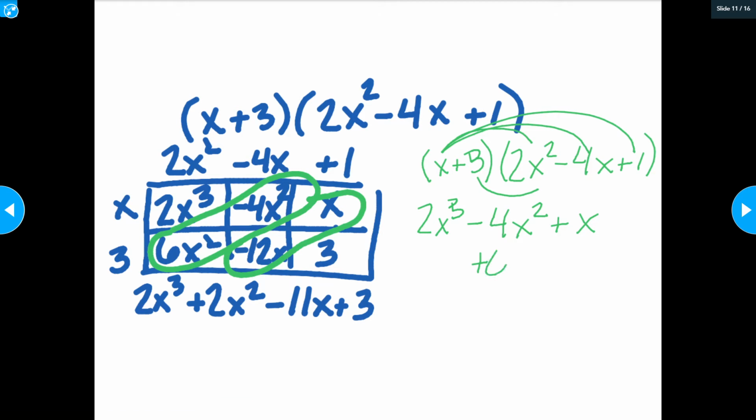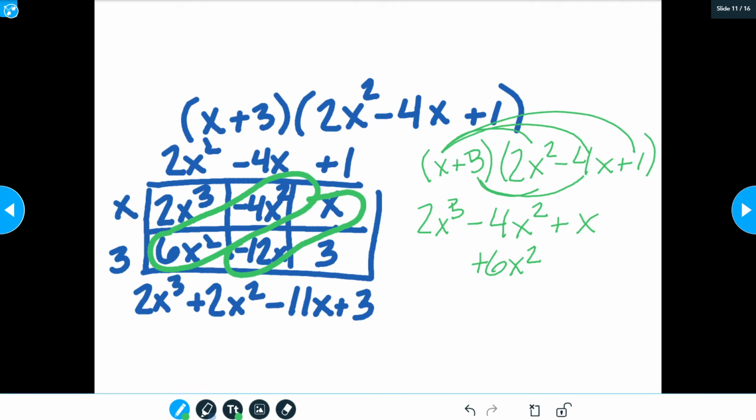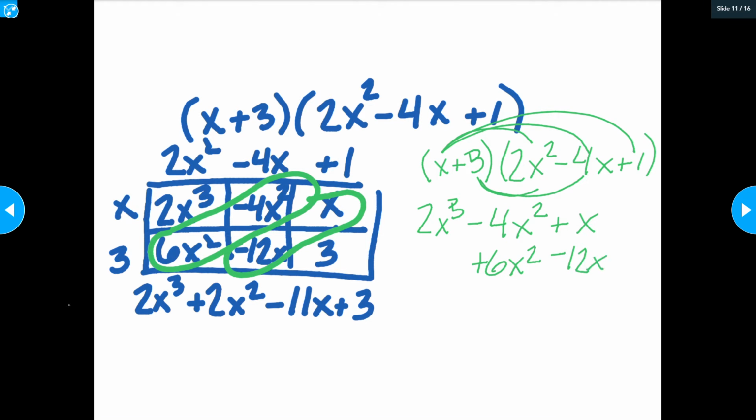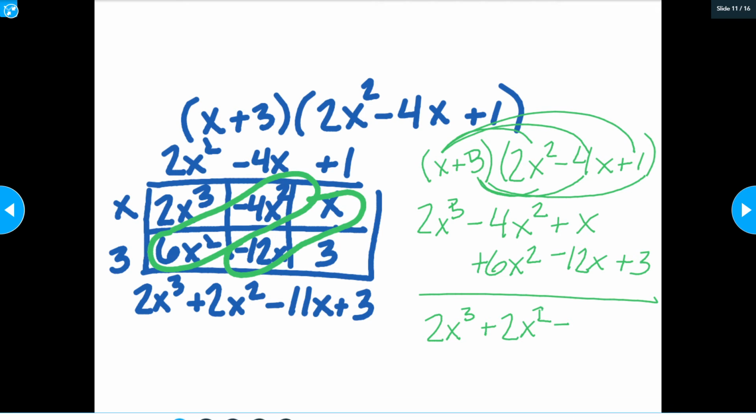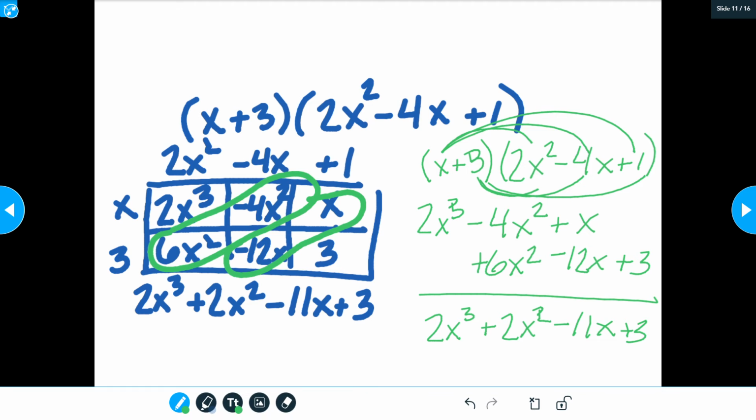I'm just going to put that right underneath my x squared. 3 times negative 4 is negative 12x. And 3 times 1 is 3. And now all I'm going to do is combine my like terms. And here we have the same answer, and it doesn't matter which method you choose, okay?